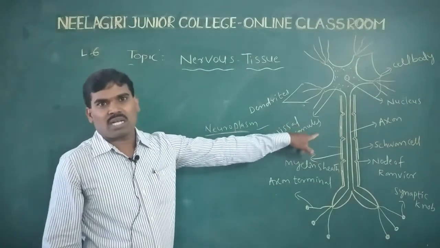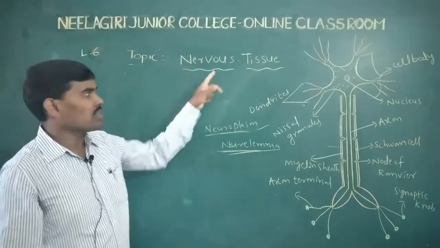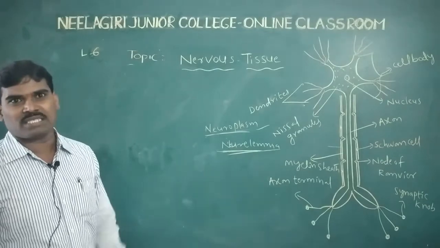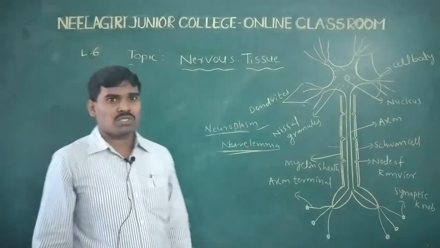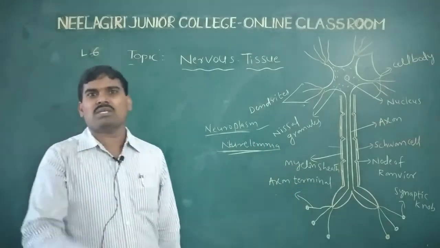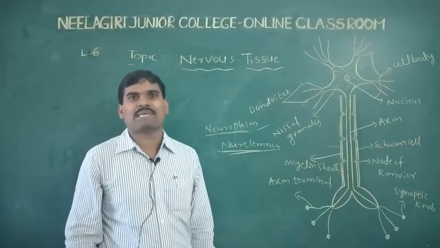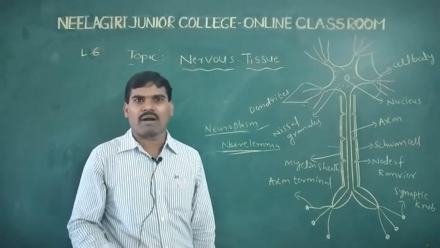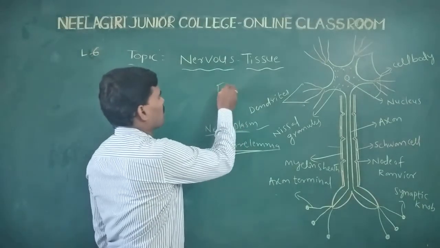So neurons are the nerves. The nervous tissues are ectodermal in origin. The muscle tissues are mesodermal in origin, except the iris and ciliary body, but nervous tissue is ectodermal in origin.